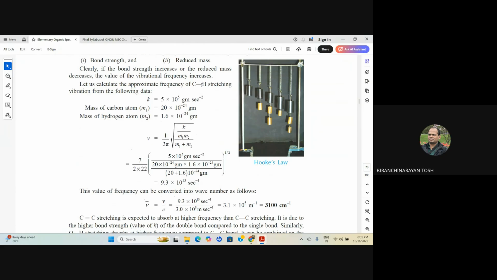So you see here we have measured the stretching vibration of carbon hydrogen. So in case of methyl alcohol, for methyl group or for methylene group CH2, if CH2 group is there, the CH stretching vibration will be observed at 3100 centimeter inverse in the infrared spectroscopy.